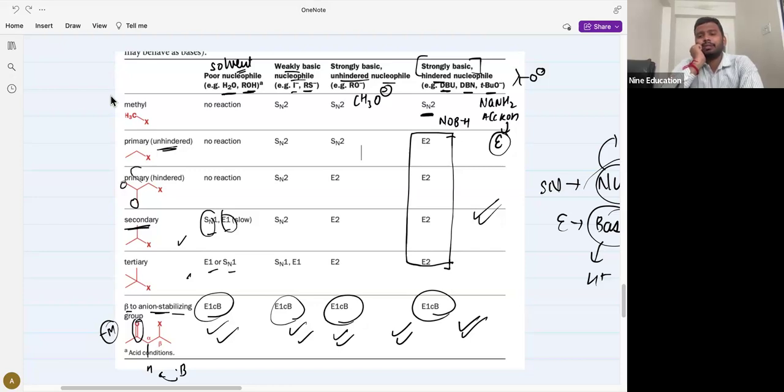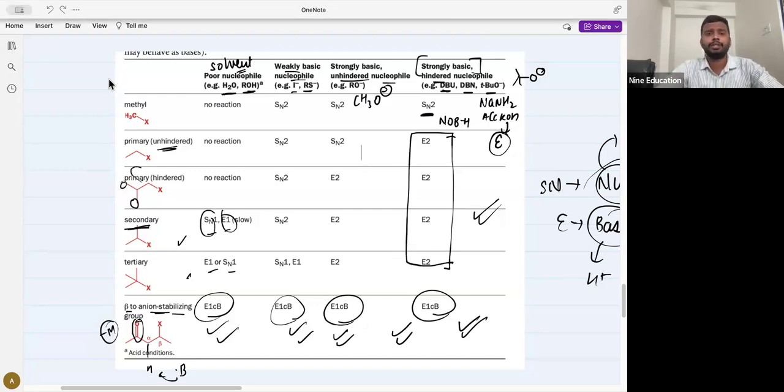If it is acting as a base, you will do E2 elimination. We start.